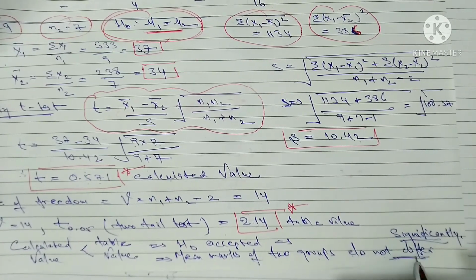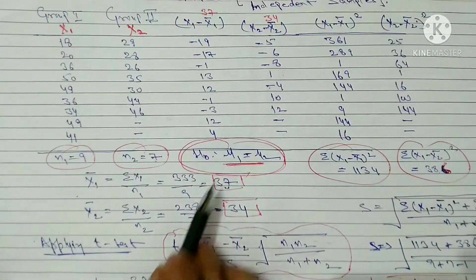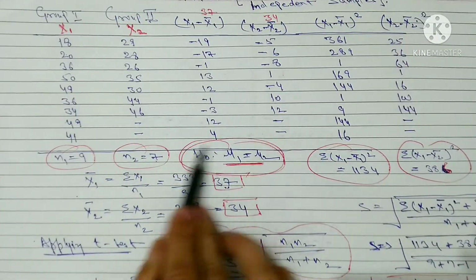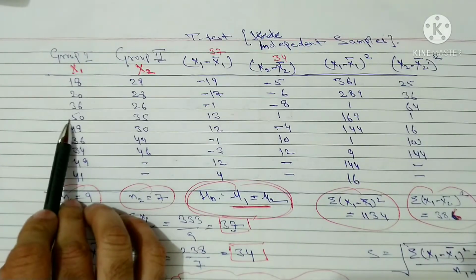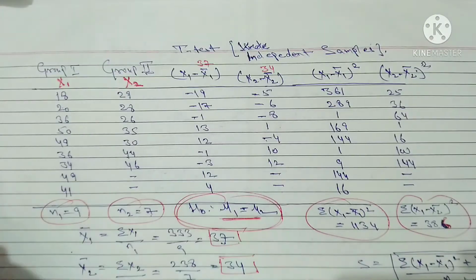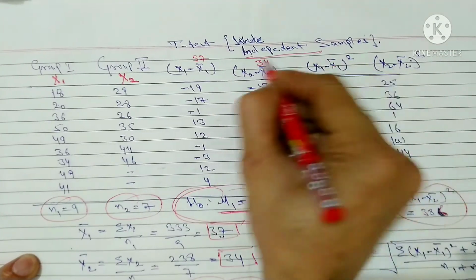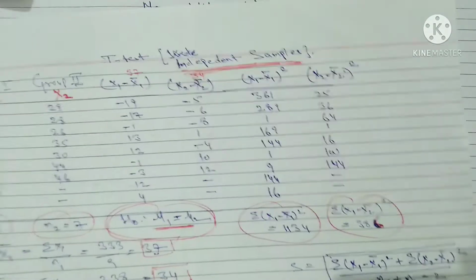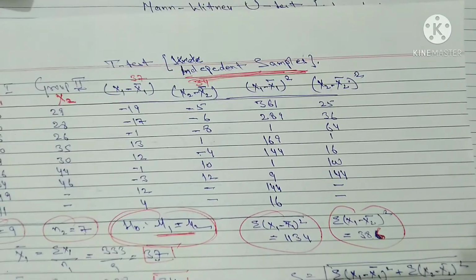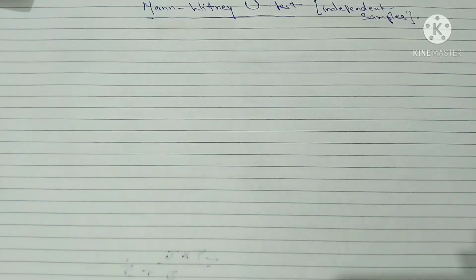Result of our hypothesis by t-test: H naught is accepted by applying the t-test for group 1 and group 2 in the independent sample case.